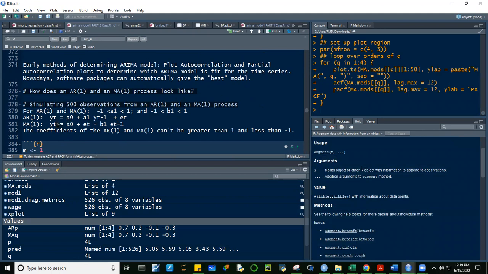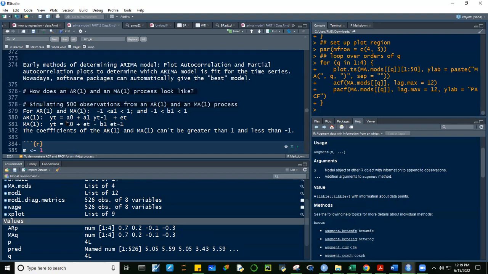Okay, for AR1 and MA1, sabi natin dapat yung A1 natin, yung absolute value niya dapat less than 1. So pwede maging negative, pwede maging positive, pero dapat hindi lalampas sa absolute value ng 1. Okay, ganun din si MA process.